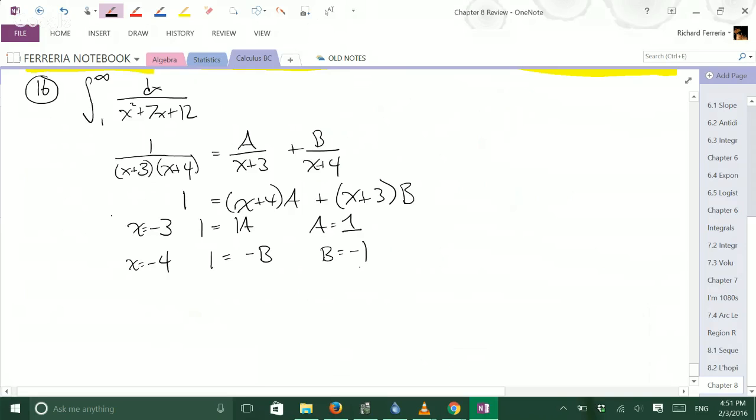Oh, I did it right. That's good. So 1 over x squared plus 7x plus 12 is equal to 1 over x plus 3 minus 1 over x plus 4.